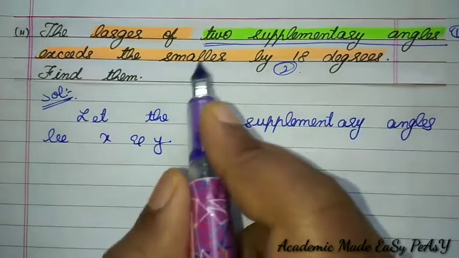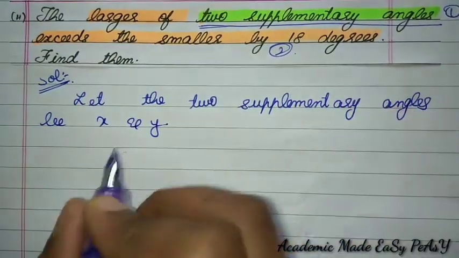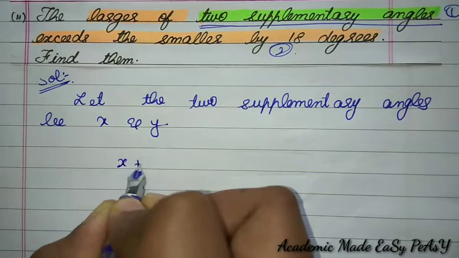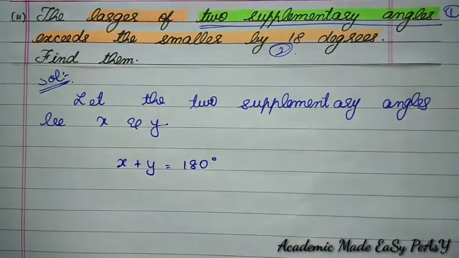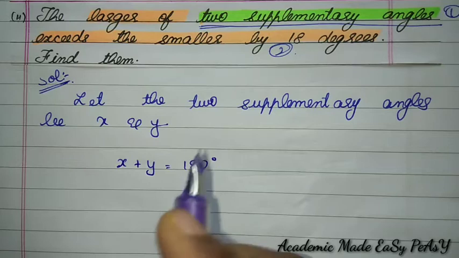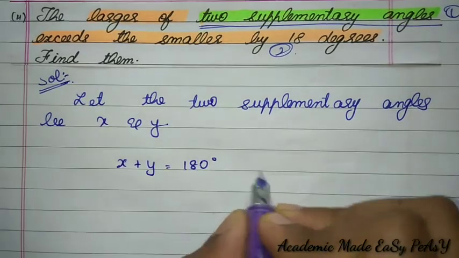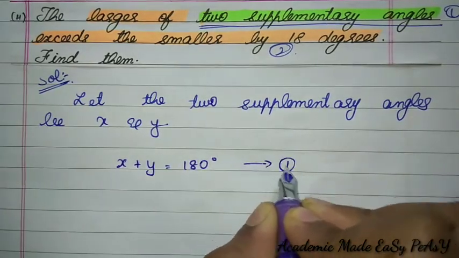Since two supplementary angles are given, I will take x plus y is equal to 180 degrees. This will be equation 1.